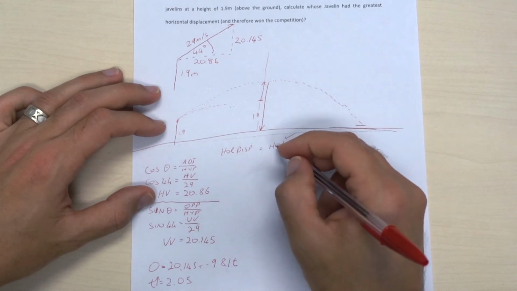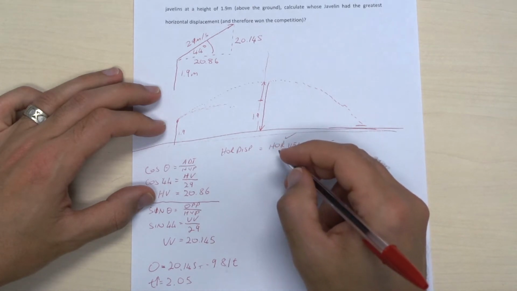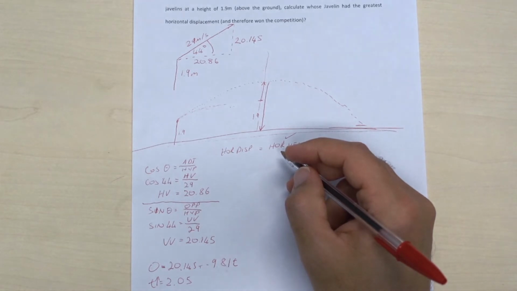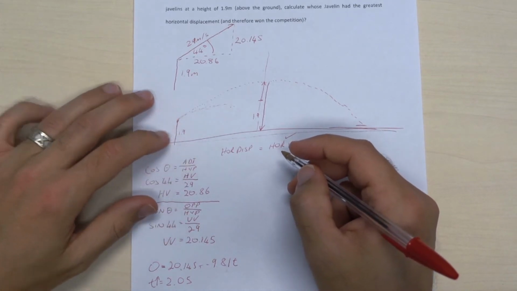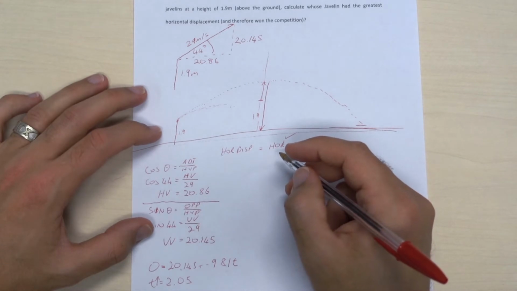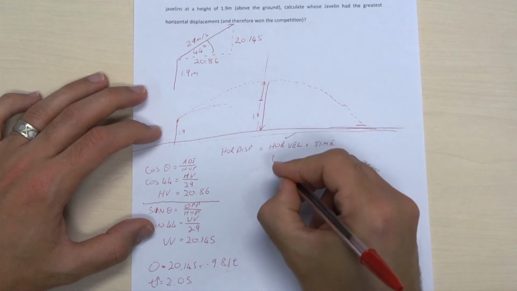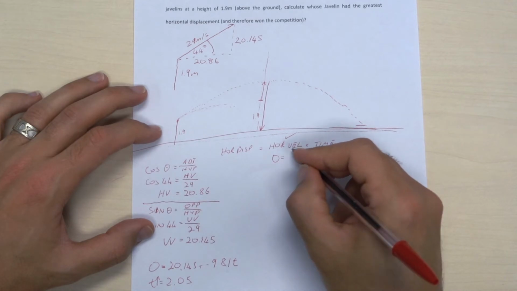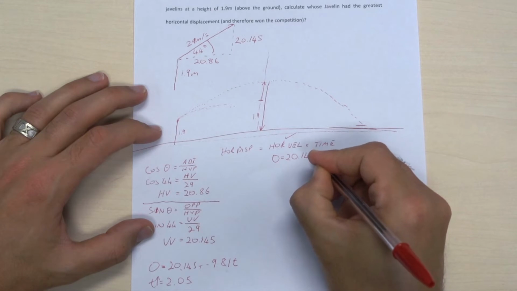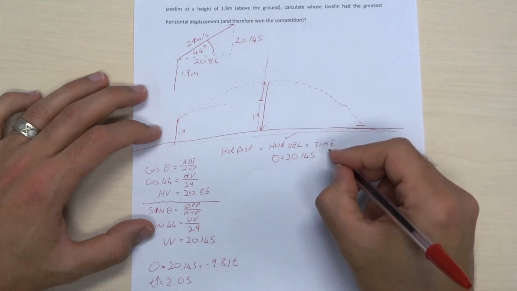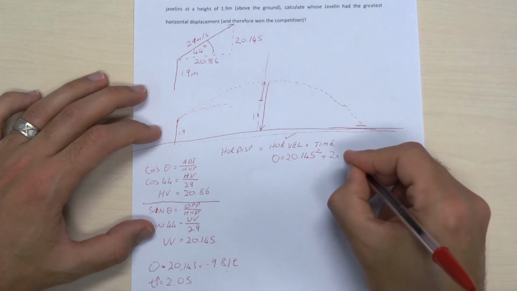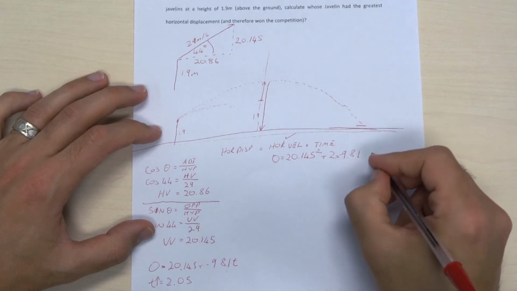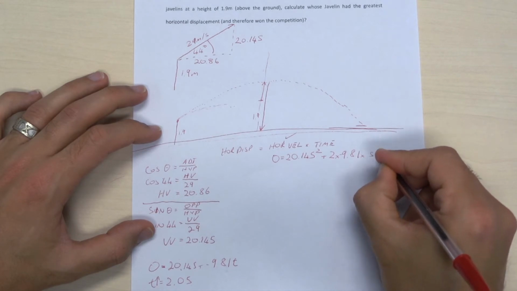If we use the second law of constant acceleration to get displacement up, which is final velocity squared equals initial velocity squared, add 2 times acceleration times displacement, we can substitute in 0, which is final velocity going up, equals 20.145, the initial velocity going up, squared, add 2 multiplied by negative 9.81, multiplied by displacement up.